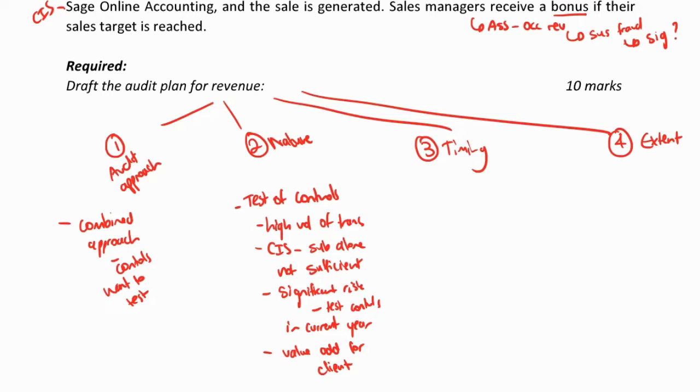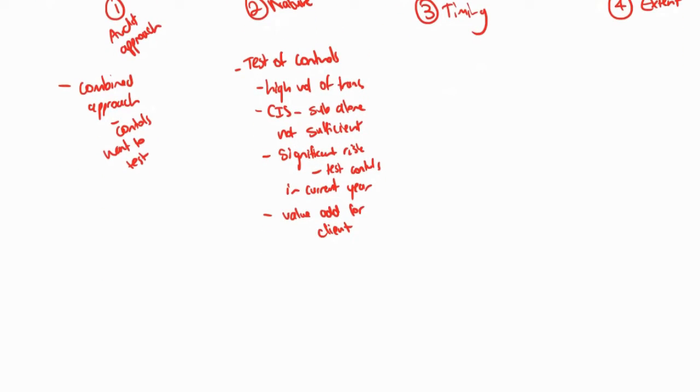Because I've now said that, I have to now go and discuss the substantive procedures. Because my nature needs to address both. And I need to say it is a material account. Therefore, I have to perform.